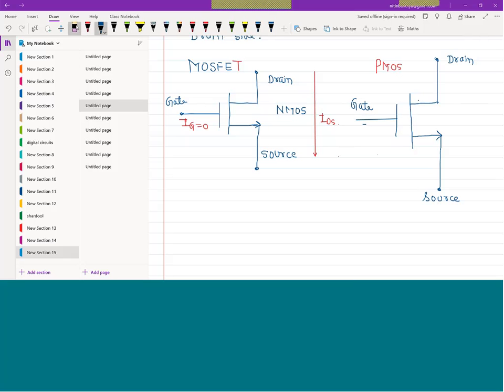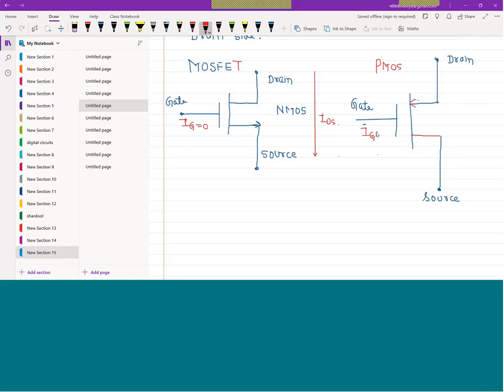We made a mistake here. Let's remove this. So this is PMOS, and this arrow represents the direction of current. Then Ig is also equivalent to 0.